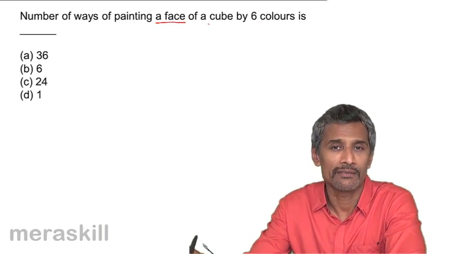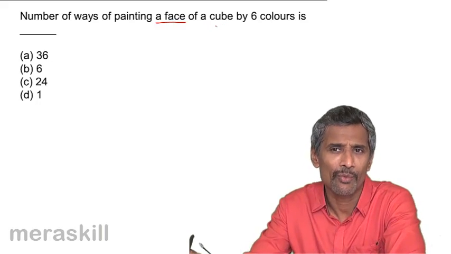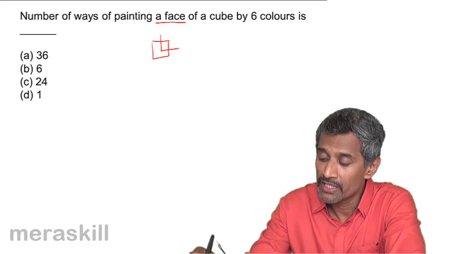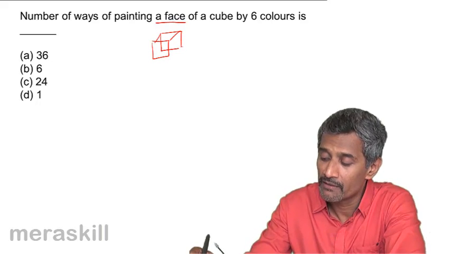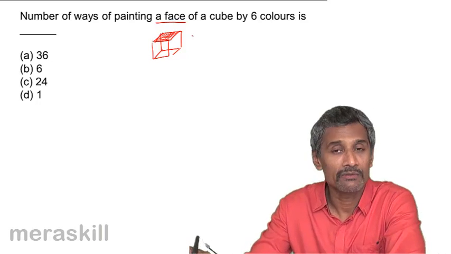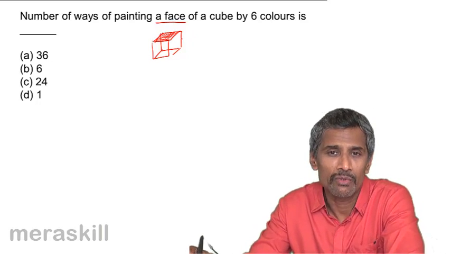So furthermore, now here we have the number of ways of painting a particular face of a cube by 6 colors. Now there is not much thinking involved. You have a cube and you have already chosen a particular face. Suppose you decided to paint this particular face, and there are 6 colors available, which could be red, blue, green, yellow, orange, and maybe white.